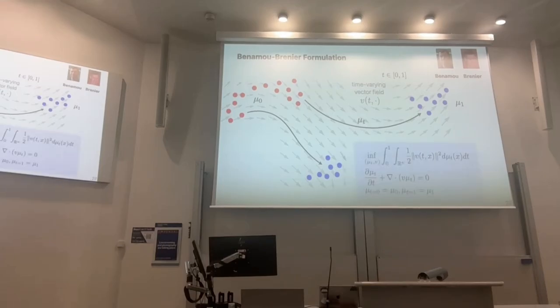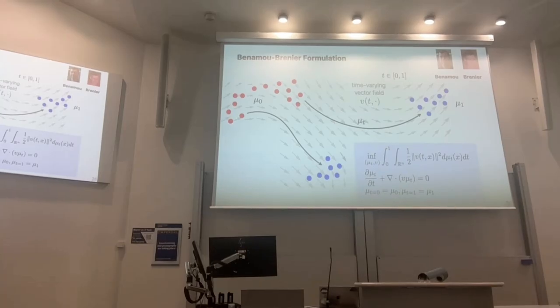So to summarize, the dynamic formulation is basically saying: among all of those velocities and interpolations that do the job, find the one which, using the source, uses the smallest vectors to move from source to target.